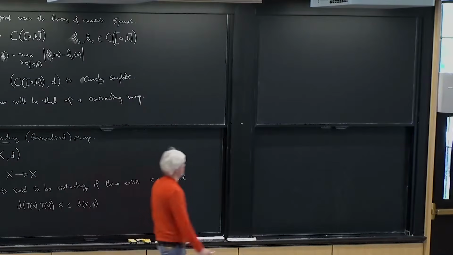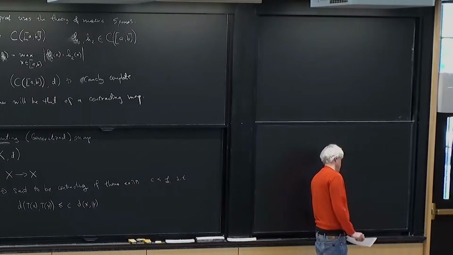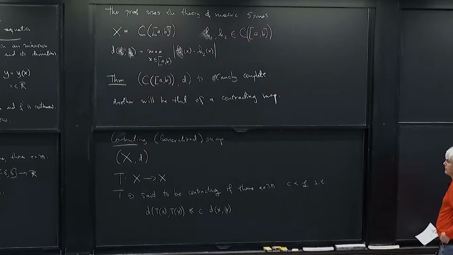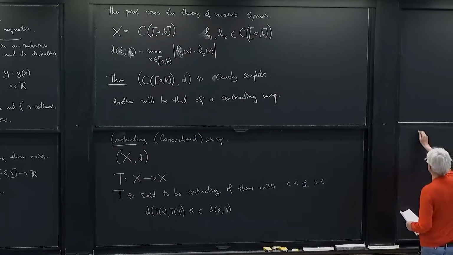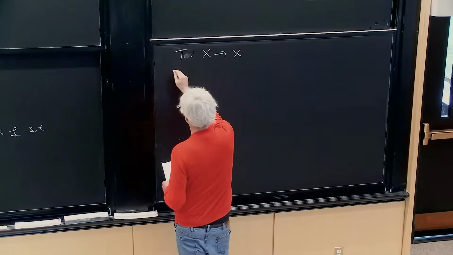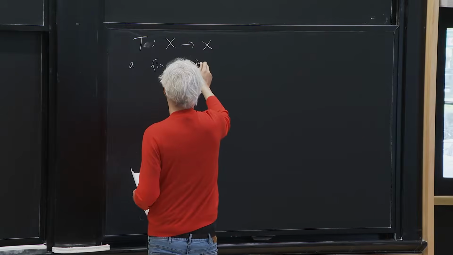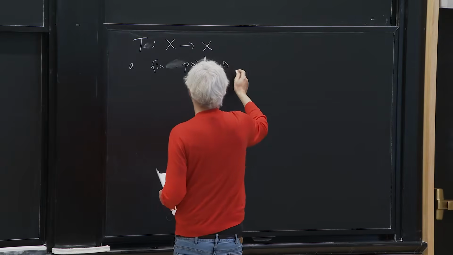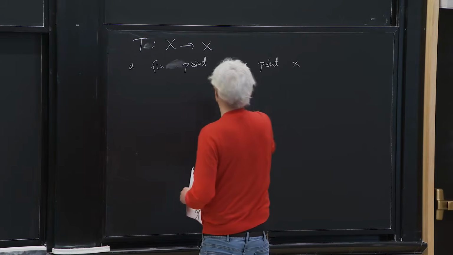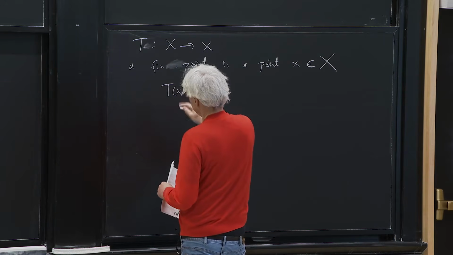And now we proved a theorem when we did the Newton method. We proved a theorem about fixed points, and we need a generalized version of that. So if you take a map in general, from a space to a space, then a fixed point is a point x in the space such that T of x equals x, so T leaves x invariant.